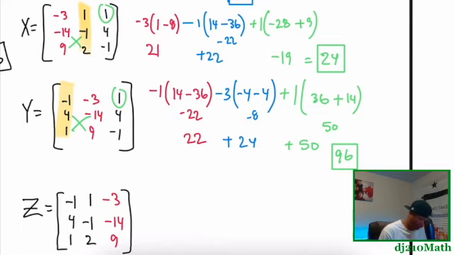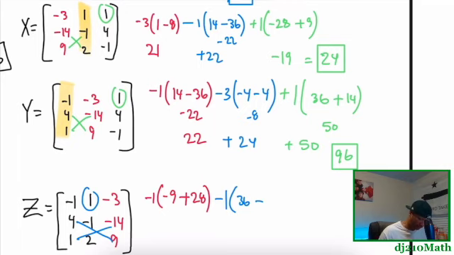Let's go. So -1 times -9 minus -28. So plus 28. Okay, 1, that's nice. And then 4 times 9 is 36 minus -14.